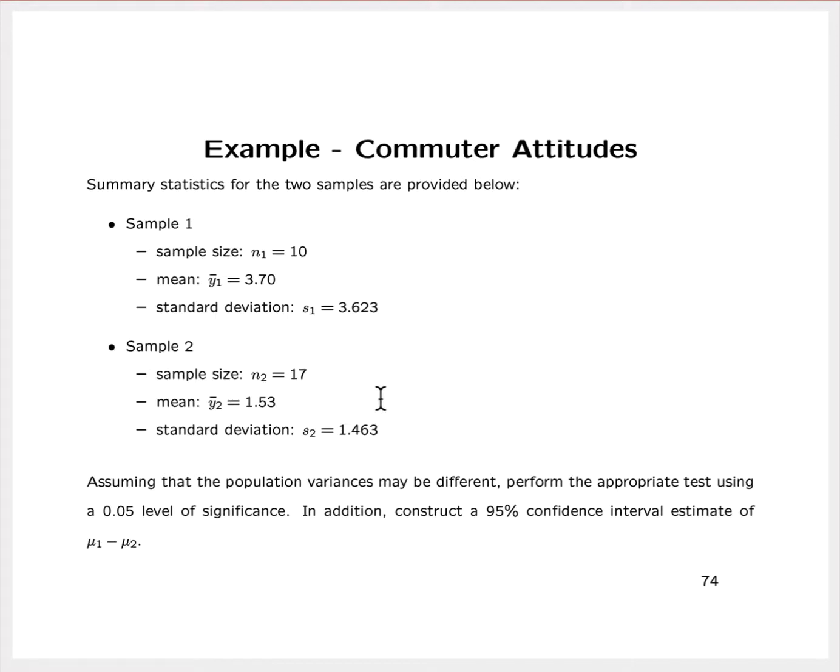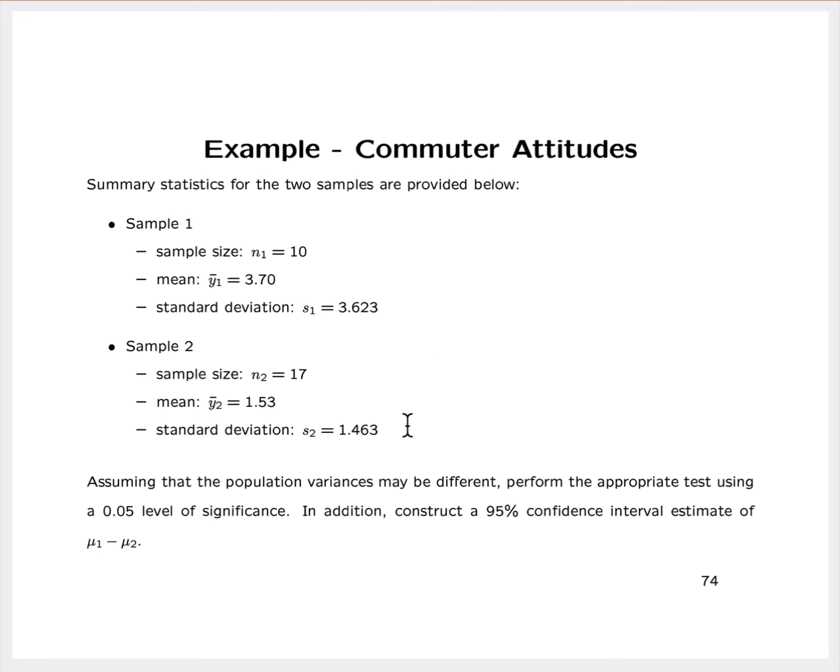For the suburban rail commuters we have 17 observations. We surveyed 17 people, evidently. The mean score there was 1.53, so it is lower than the mean for sample 1, and it's got a standard deviation of 1.463. And so you can see that there is quite a difference here between the two sample standard deviations.